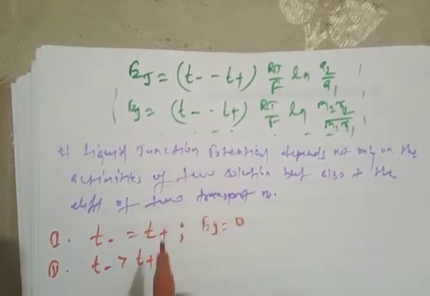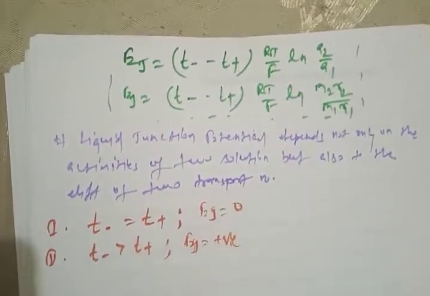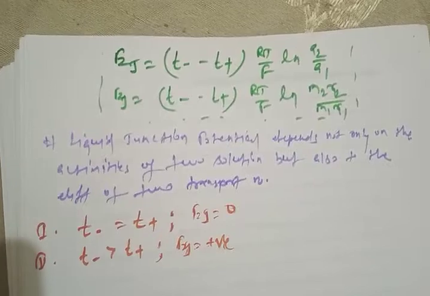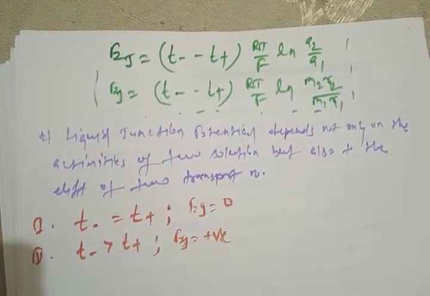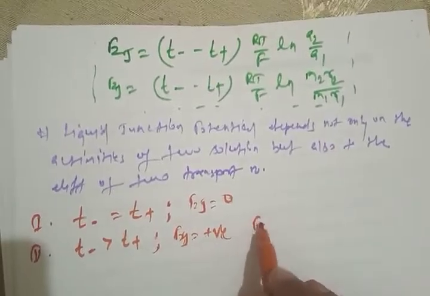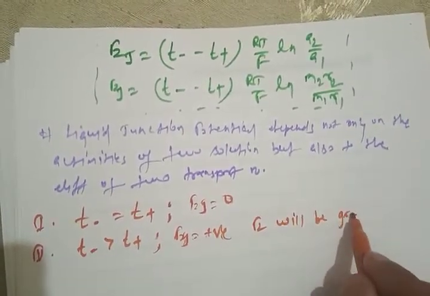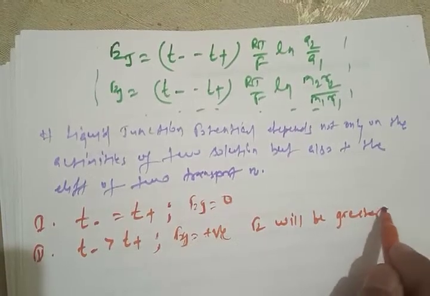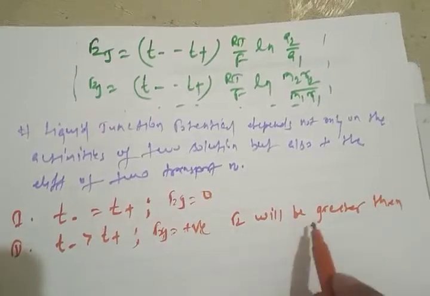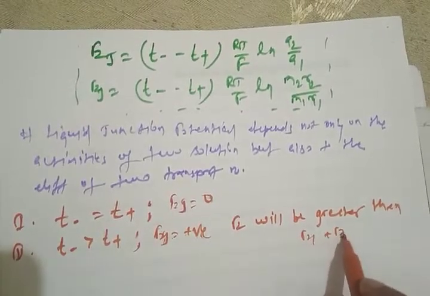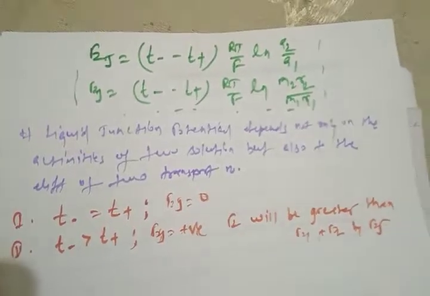Okay, so it means Ej will be positive, and if Ej is positive, it means what? E will be greater than E1 plus E2 by Ej.